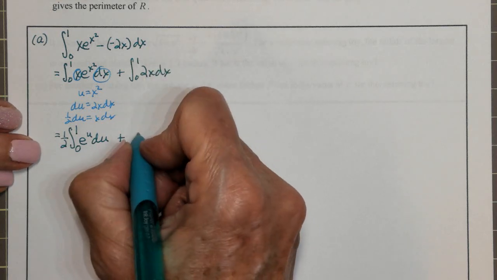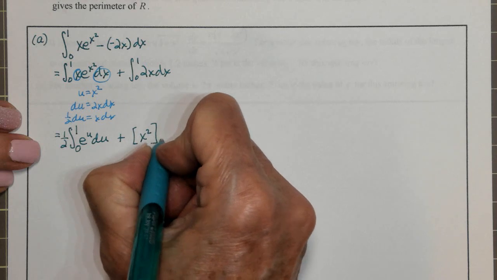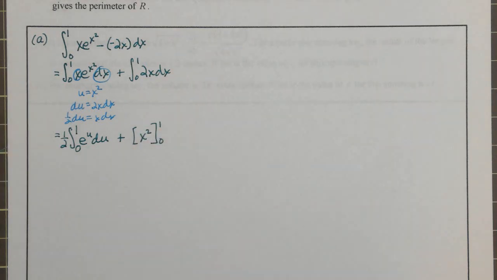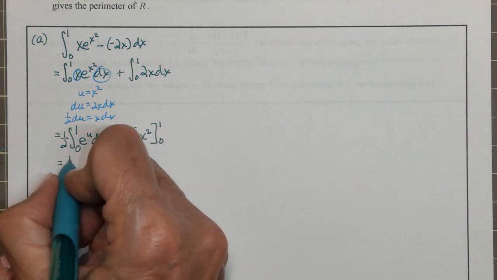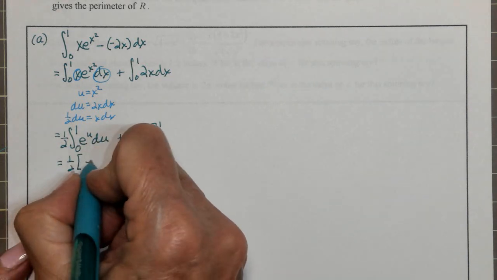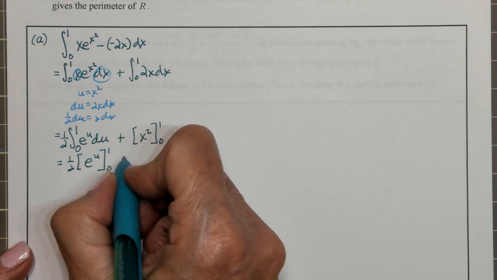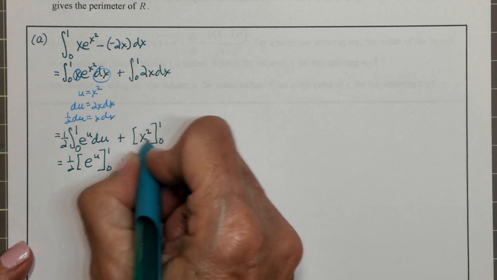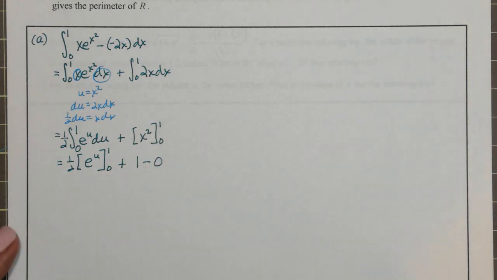For this piece, I know how to integrate that. That is x squared, little power rule on that, from 0 to 1. And now I have 1/2 e to the u from 0 to 1 plus, over here I'll just have 1 minus 0, right?